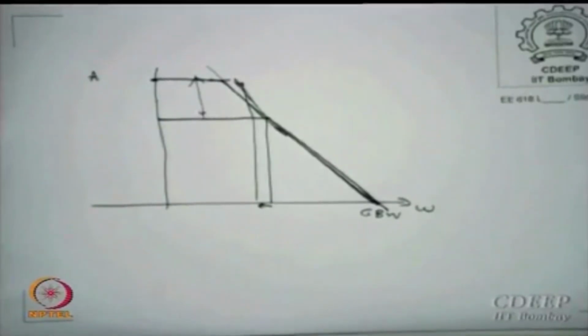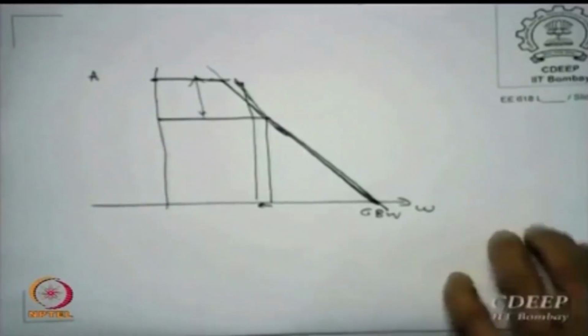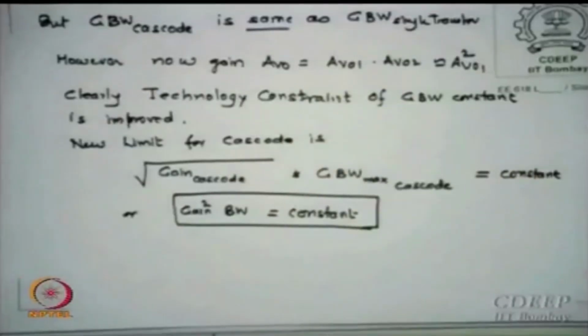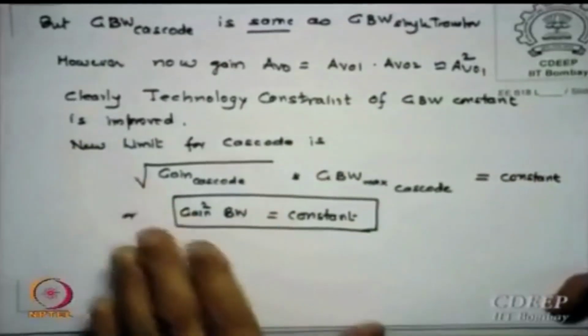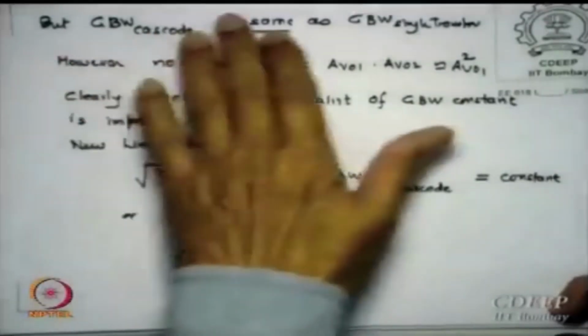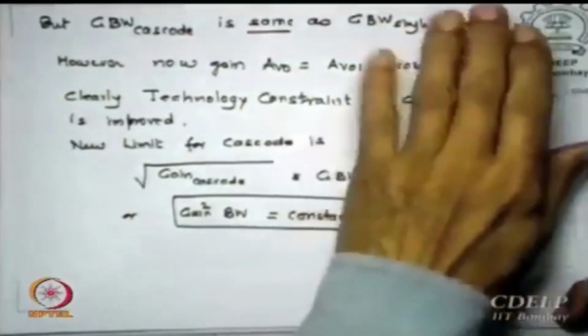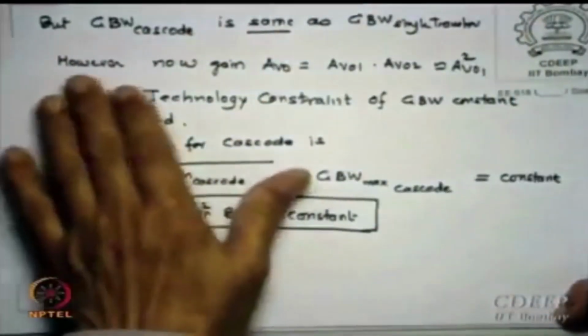Now the catchword in this whole game was this, which is why I showed you all the figures, and you should realize what I did actually. I just fooled myself, okay. This last line you can read down, that is most important. The gain bandwidth of cascode is the same as the gain bandwidth of a single stage amplifier. However, AV0 is AV square.